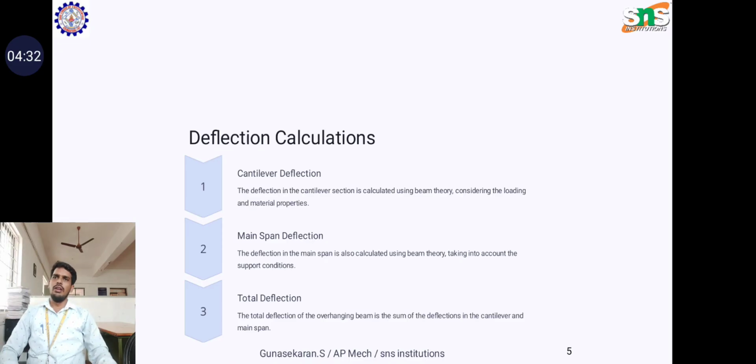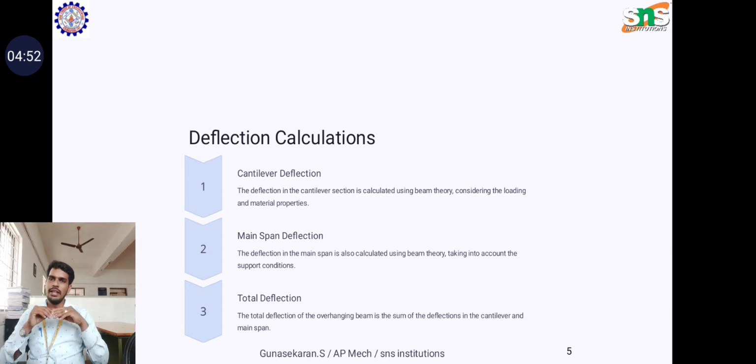Now, deflection calculation. Deflection calculation for overhanging beams involves determining how much the beam will bend under applied loads. This is crucial for ensuring the structural integrity and performance of the beam.